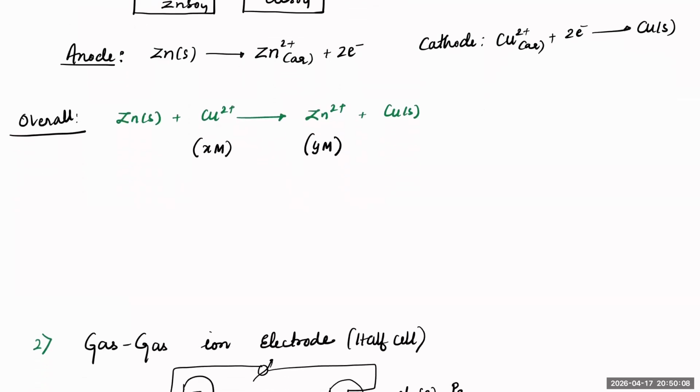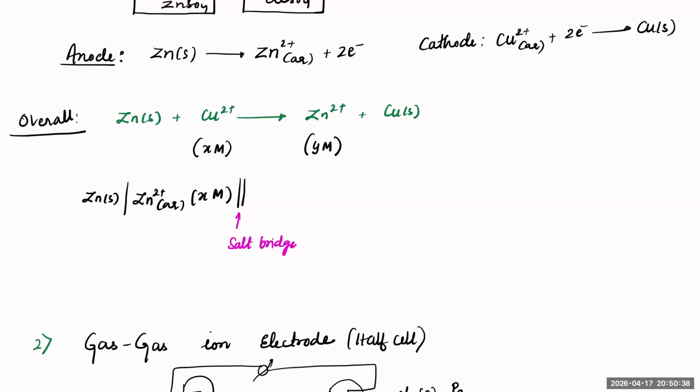In that case, we represent the cell this way: there is zinc solid, which is the electrode. The line always shows the phase change. It is changing into the phase where it is becoming Zn2 plus aqueous ion of concentration X molar. Then a double line. Double line always represents the salt bridge.